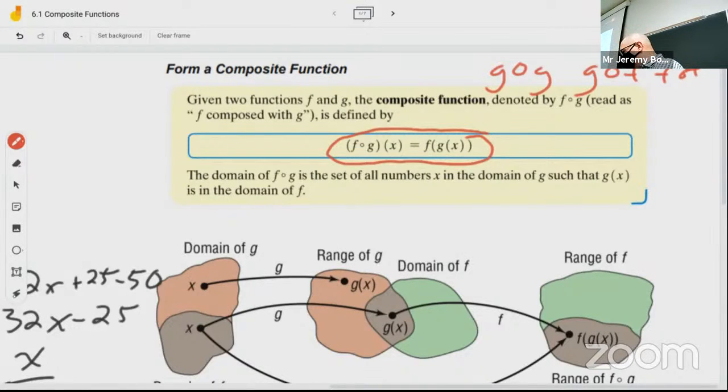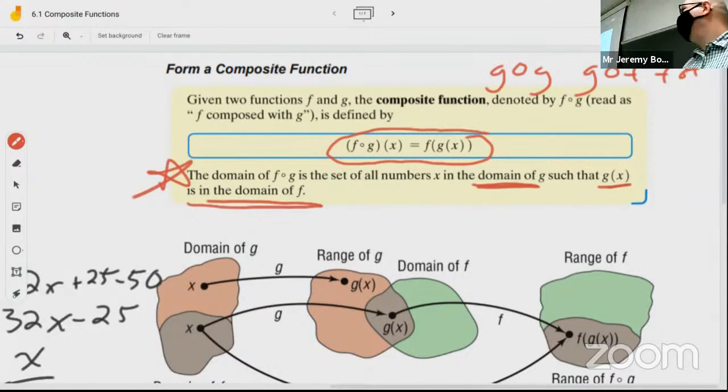Another important part is this right here. The domain of f of g, or f composed with g, is the set of all numbers in the domain of g, such that g of x is in the domain of f. So when we go over some problems, I'll talk more about what that means.